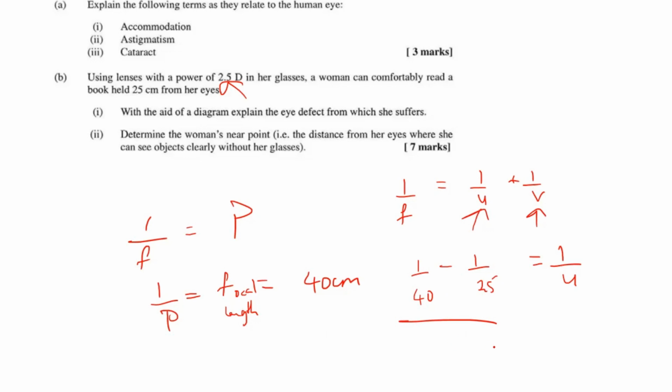Right, so I'm getting that u should be roughly negative 66.6 centimeters.